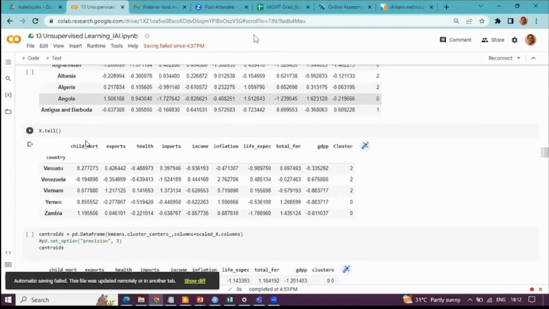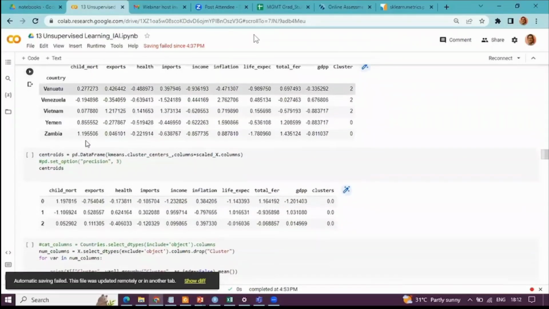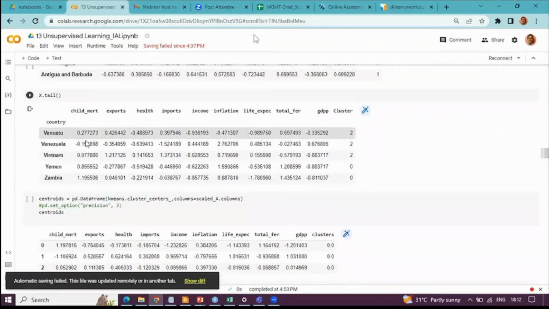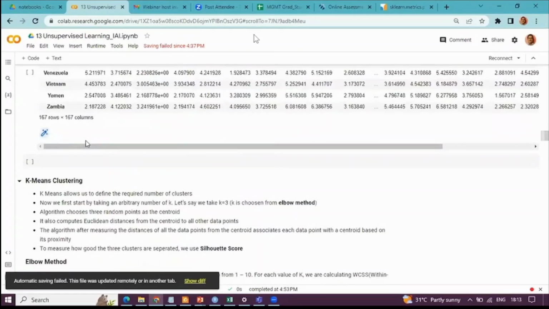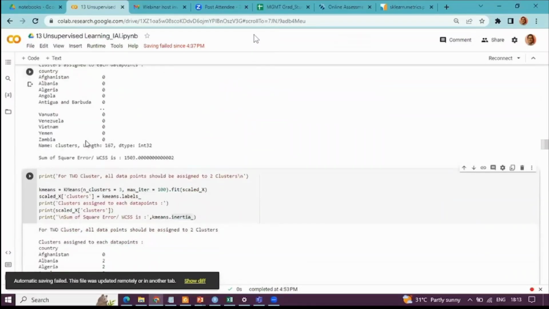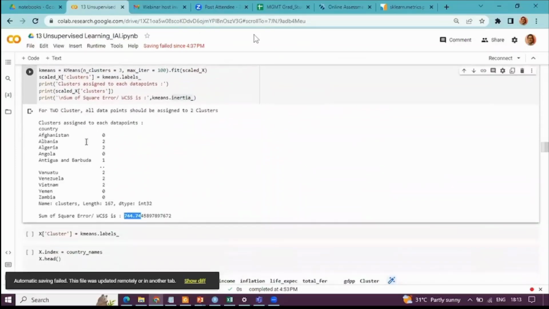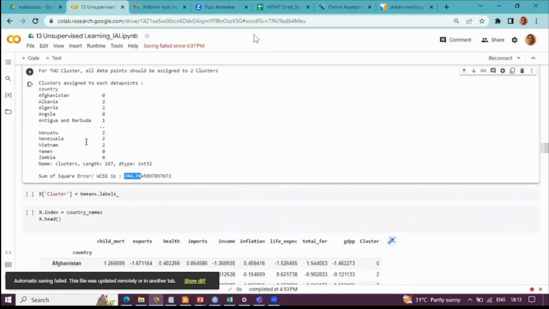So like this, if you keep on going ahead, we'll discuss it later. You can try out 5 clusters, 10 clusters, 20 clusters kind of solutions as well.